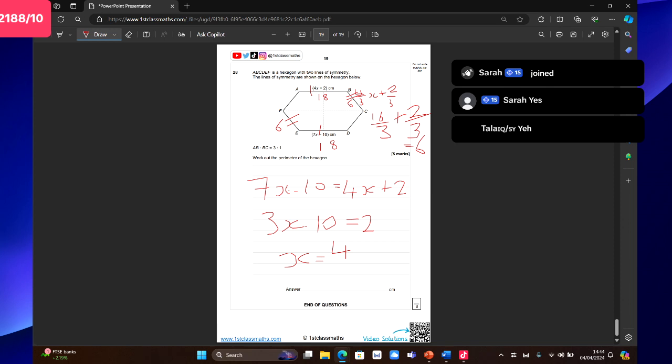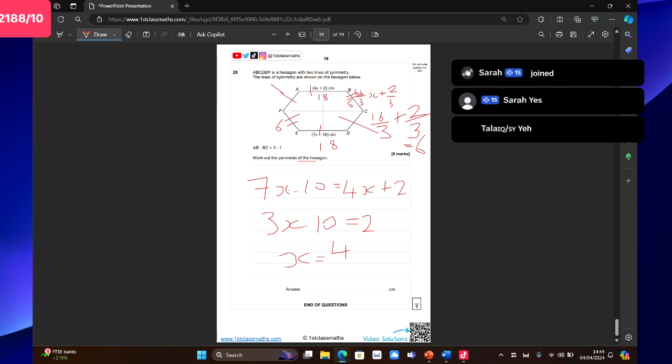Do we have any information about that? Okay, so what can we do with CD and AF? This is actually slightly more tricky. So to work out the perimeter, we need this side length here and this one here, this length.